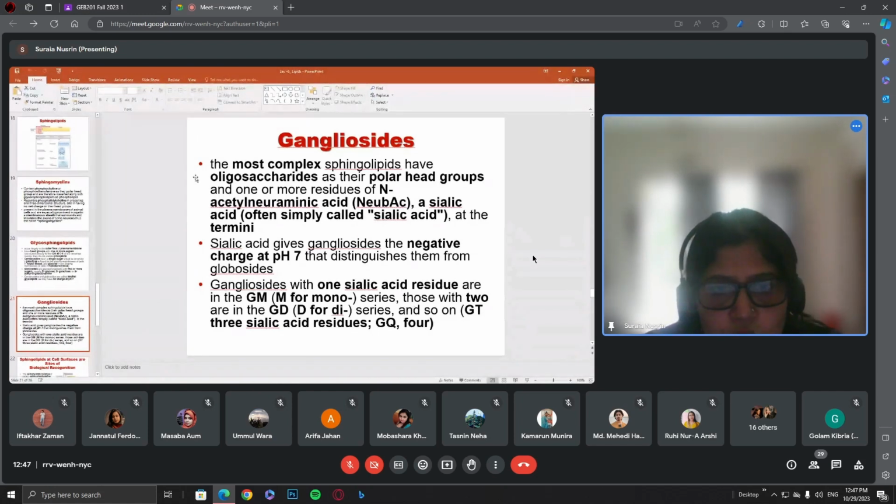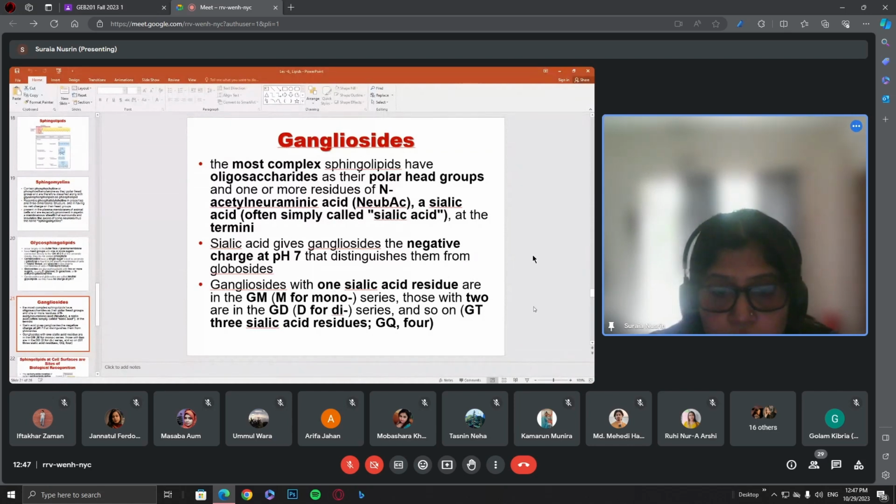This oligosaccharide has a carboxylic group that dissociates a proton, and so it shows a negative charge at neutral pH. We learned this feature when we studied glycoconjugates, the glycolipids.